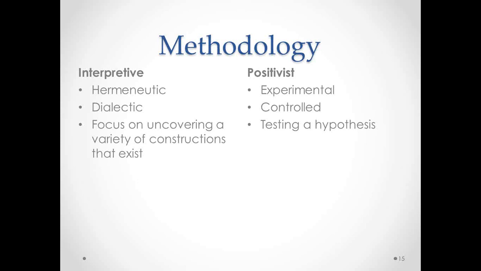So an interpretive methodology would be hermeneutic, it would be a dialectic, and it would be about focusing on uncovering a variety of constructions. Whereas a positivist research methodology will be experimental, it will be controlled, and it will be engaged in testing a hypothesis, for example.